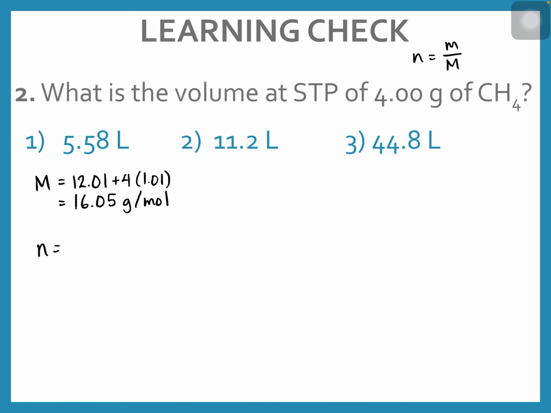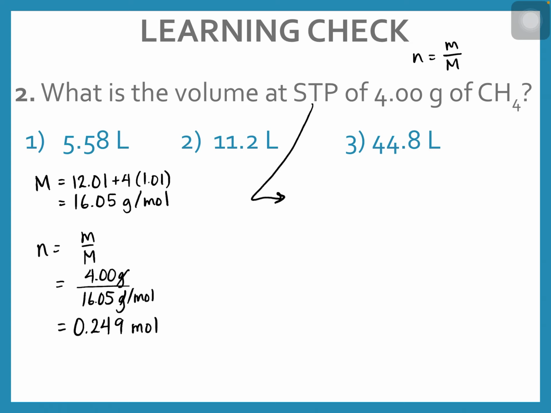So my number of moles then is equal to 4 grams divided by 16.05 grams per mole, which gives me 0.249 moles of methane. So 4 grams of methane is the same as 0.249 moles.